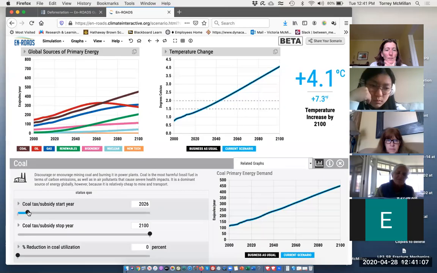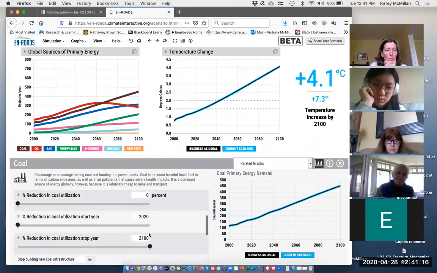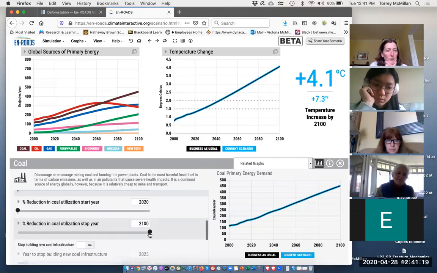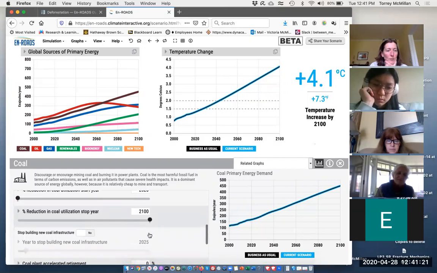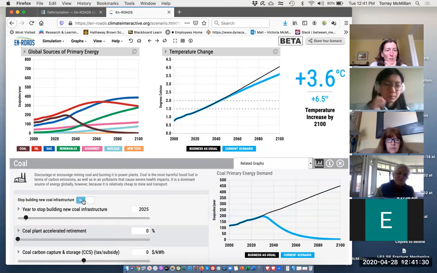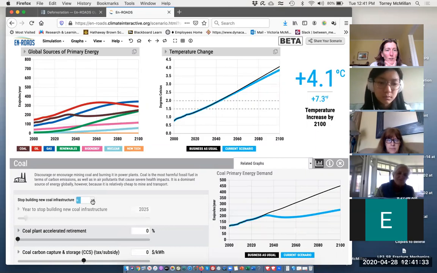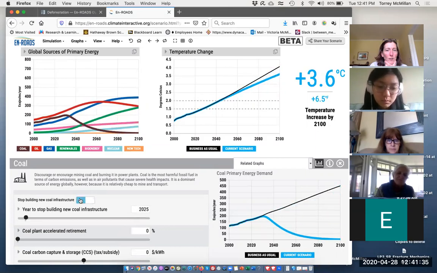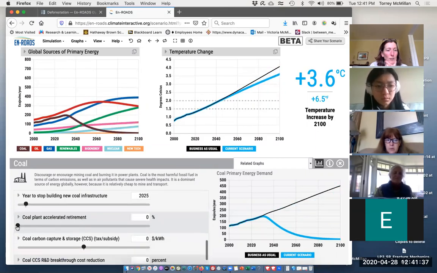So if we start to tax it right away, oh, there's more down there, sorry. Stop building new coal. Oh, should we stop building new coal infrastructure? Yes. Oh, look at that. Wow. And then we can accelerate the retirement of coal plants.